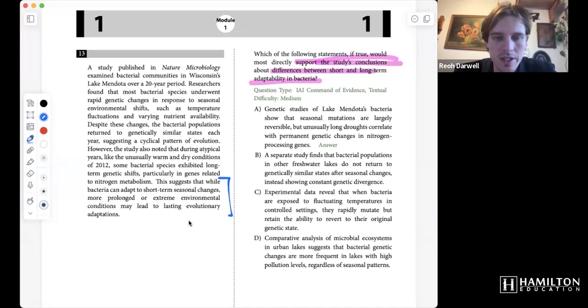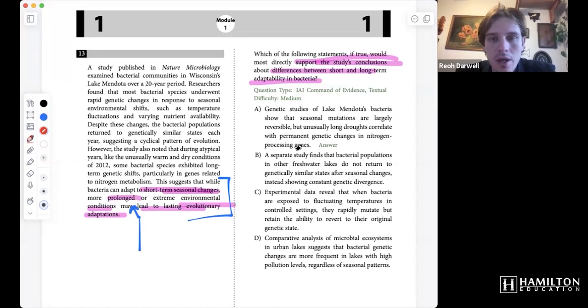We see it most clearly stated right here: while bacteria can adapt to short-term seasonal changes, so they're good at short-term, prolonged or extreme environmental conditions, and prolonged is long-term, may lead to lasting evolutionary adaptations. So the bacteria change in the long term, but handle the short term with just minor adaptations. Again, this isn't a vocab question, but you have to know that prolonged means long term.